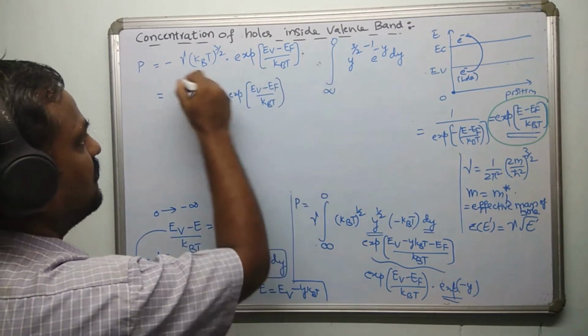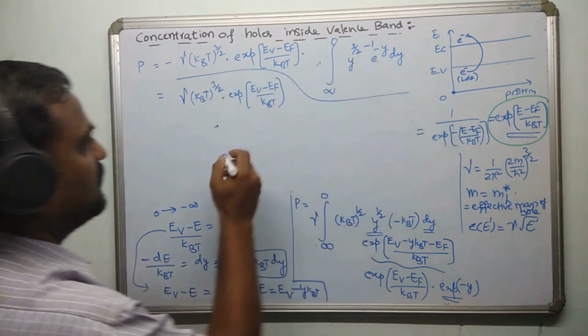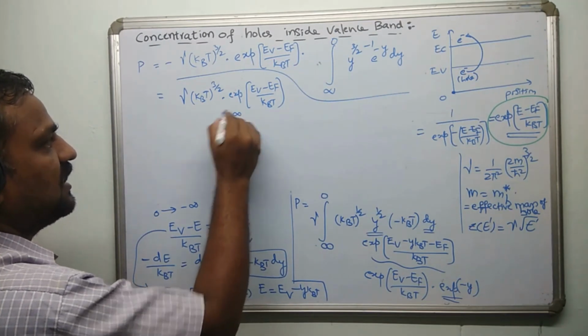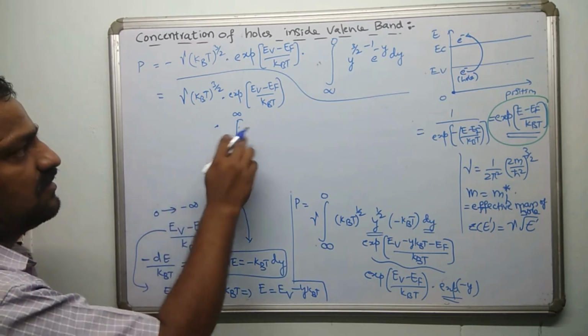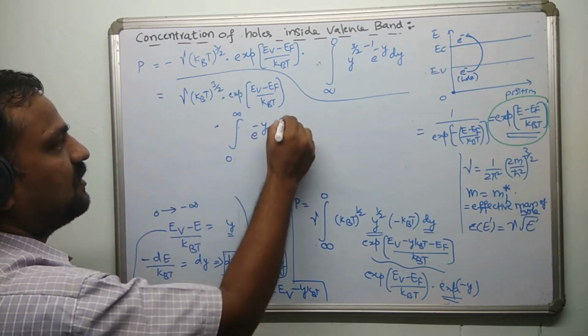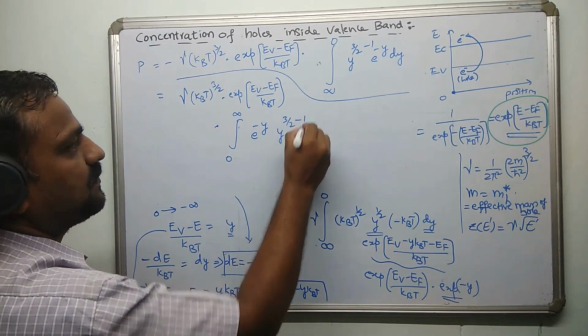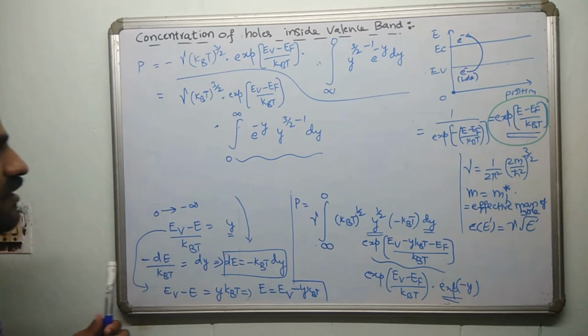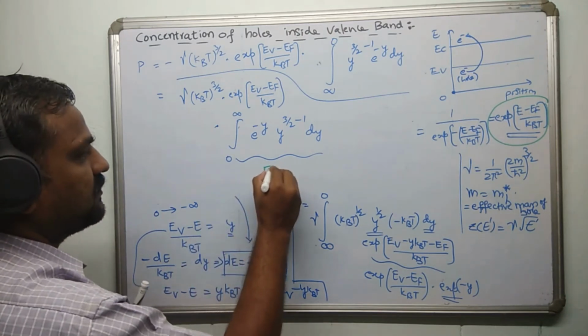I am writing this integral here, don't get confused. That integral will be from 0 to infinity. I have swapped the limits, minus sign gone, so interchange the limits. So e power minus y, y power 3 by 2 minus 1 dy. This particular integral is what you call gamma 3 by 2.